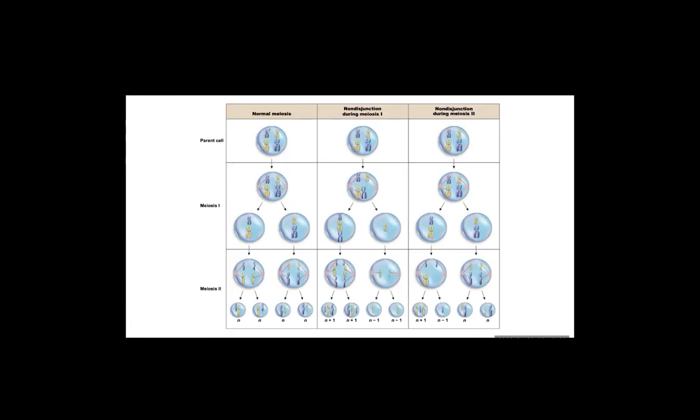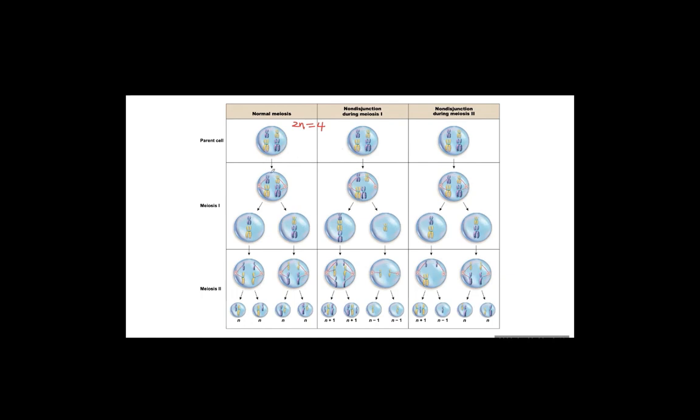So, normal meiosis. How many chromosomes in this cell? 2n equals 4. 1, 2, 3, 4, all 4. So normal meiosis, non-disjunction during meiosis 1, non-disjunction during meiosis 2. The beginning start point is normal. The parent cell has 4 chromosomes in all 3 categories.